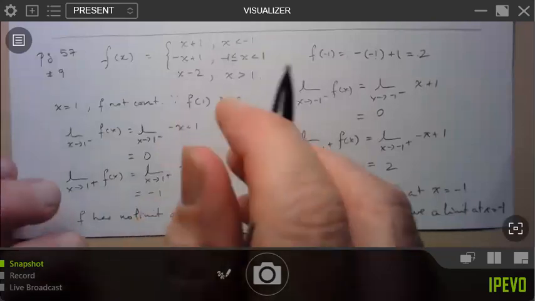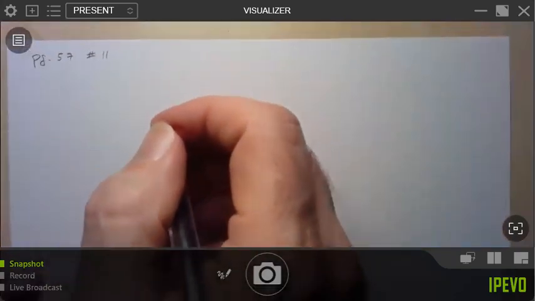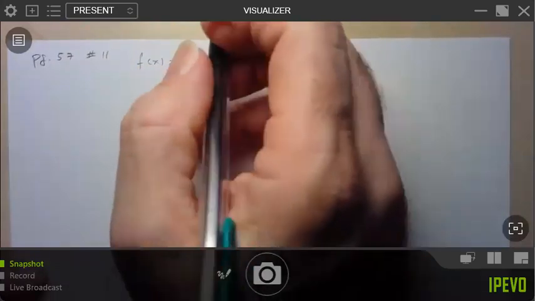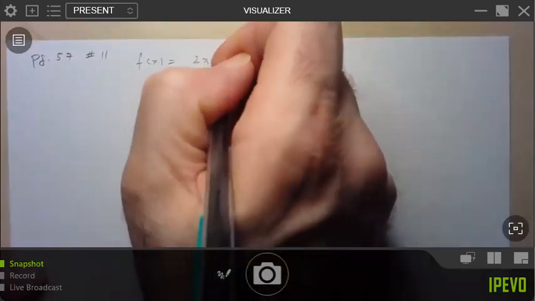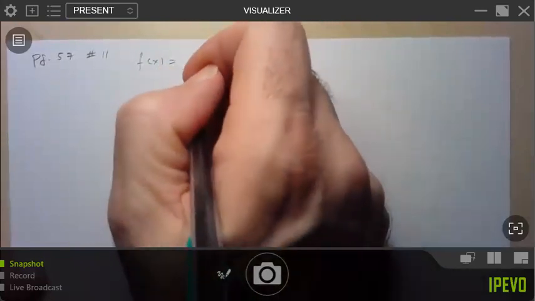So we have a function. So this is page 57. We'll just say number 11. So the function is f at x equals 2x minus 2 over x squared plus x minus 2.